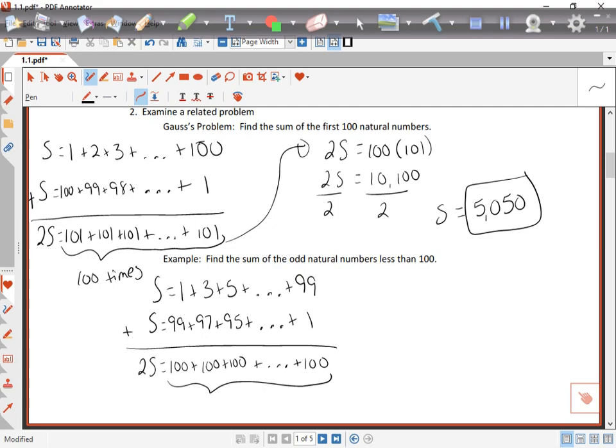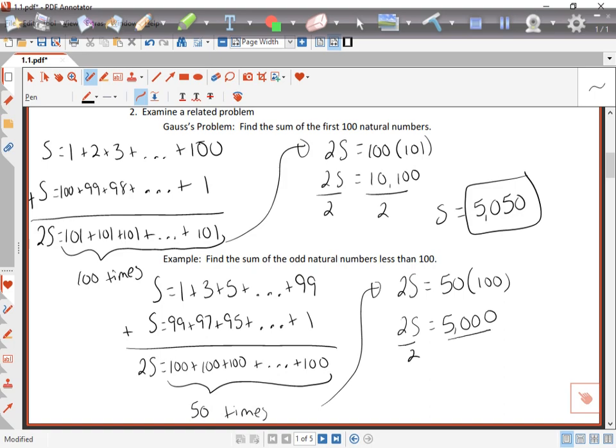But we're only using half of those, so this happens 50 times. So 50 times 100. And then we continue as we did before. 50 times 100 is 5,000. Divide by 2. And our sum is 2,500.